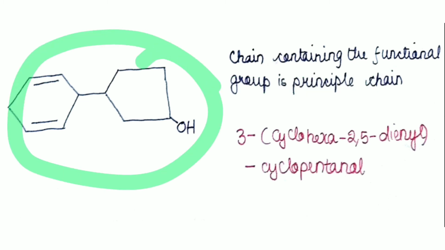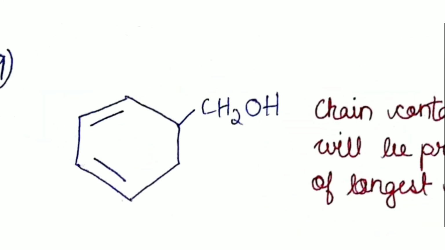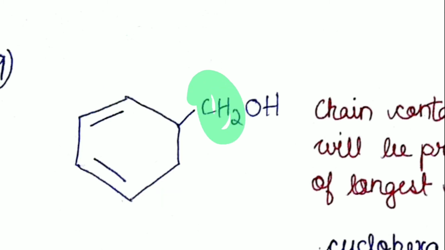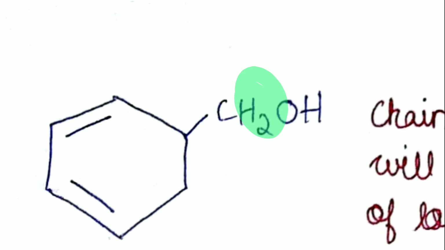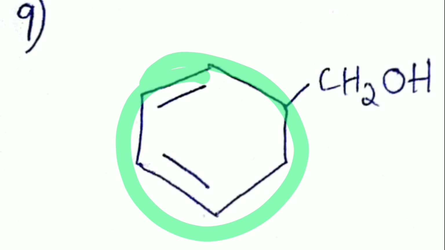Now let's look at the next question we have here. What we have here is that we have a cyclohexadiene-like structure, and we also have a methyl group to which there is an OH group attached. So now you might think that this is only one carbon atom to which the OH group is attached, and this here has 6 carbon atoms. So we should take this 6 carbon atom ring as our principal carbon chain.